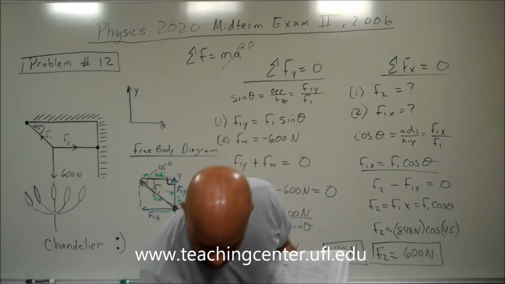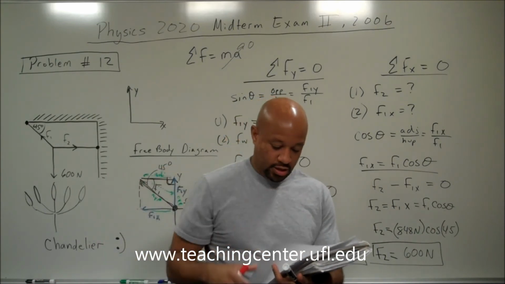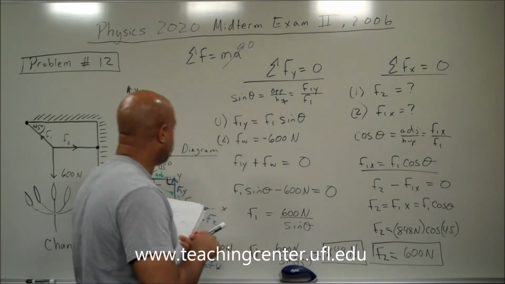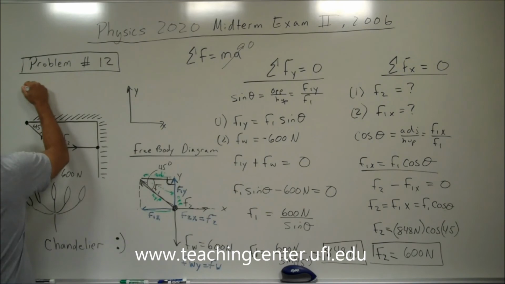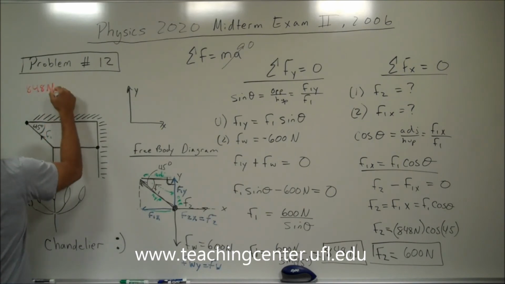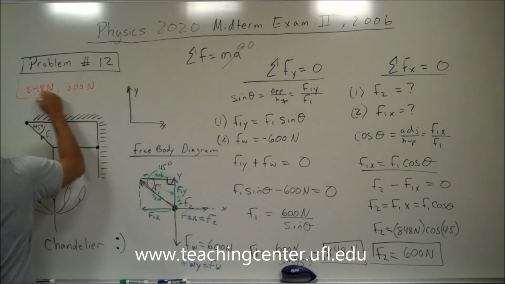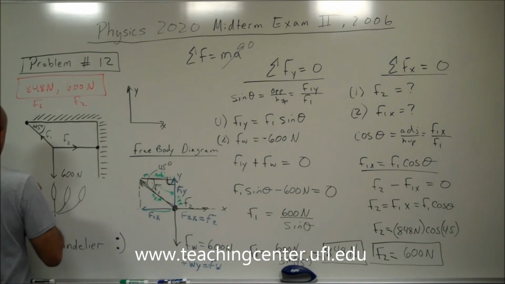It says that we should list F1 first and then F2 for our answer. And so we get 848 newtons for F1, and 600 newtons for F2. So this is F1 and this is F2.